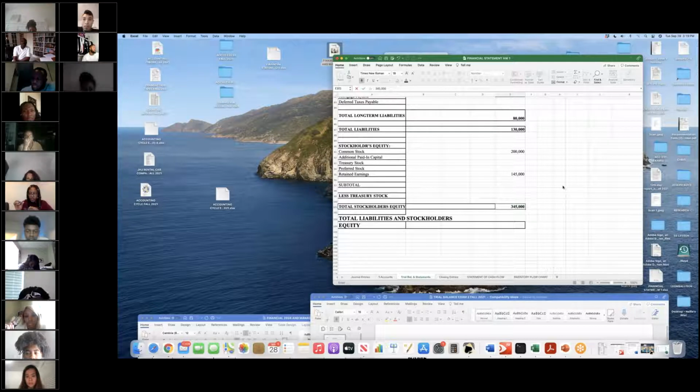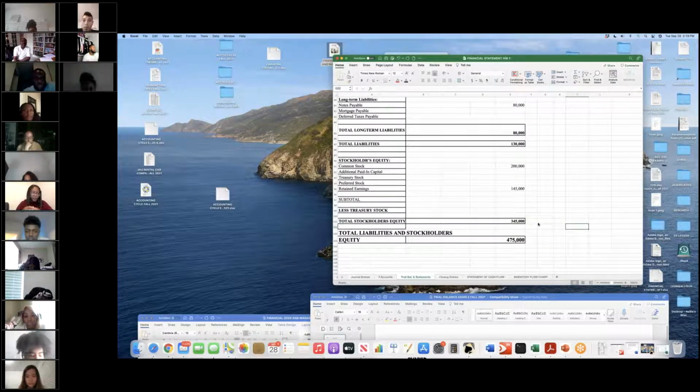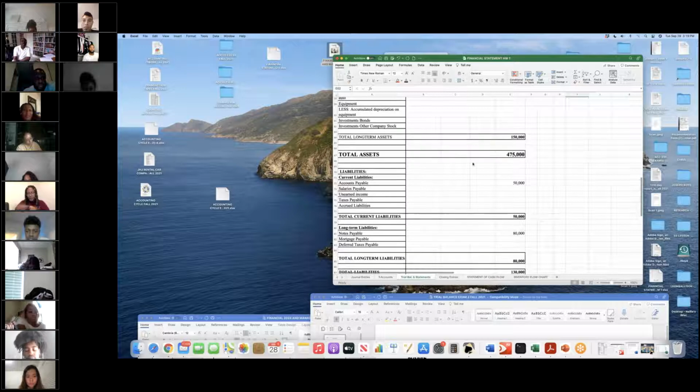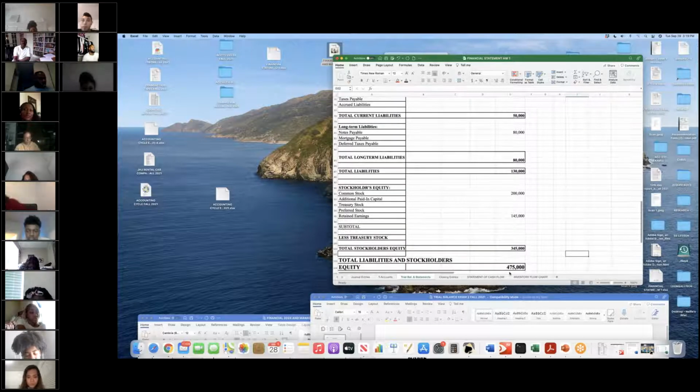And total liabilities and stockholders' equity now equals what? 345. But when we add these two numbers, how much do we get? 475. So now we're in balance, 475 with the total assets. So when we do a balance sheet, the assets and the liabilities and equity have to equal.